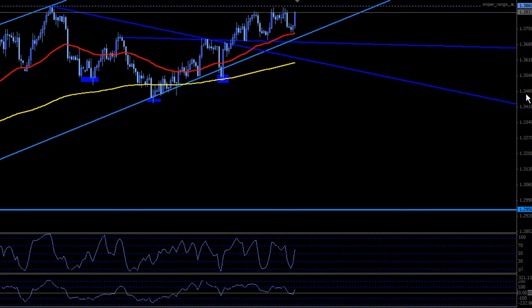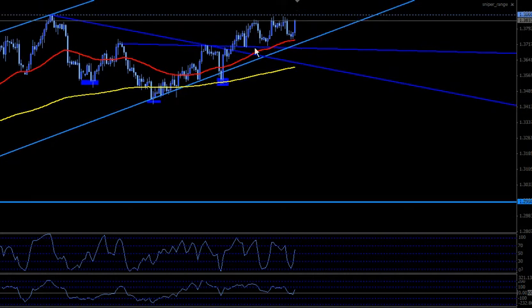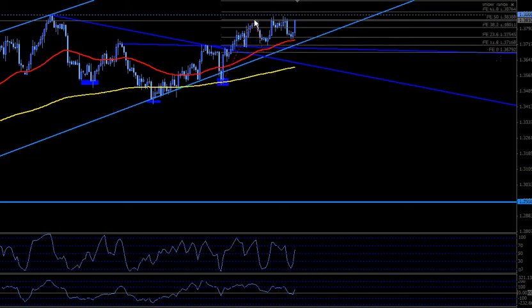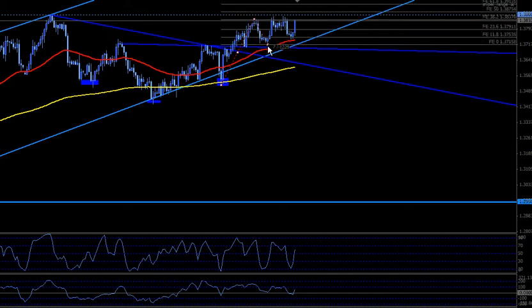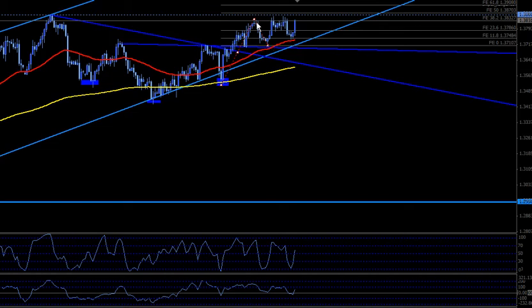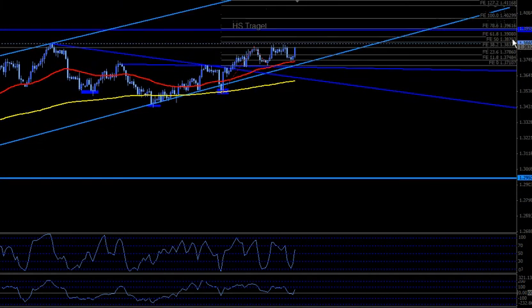But the actual target at the current moment, as long as price stays above this area here and doesn't come down and test the 786 or the 61.8, the current target would be, on a 4-hour ABC pattern, 40.29.